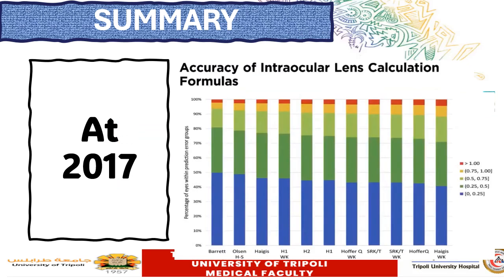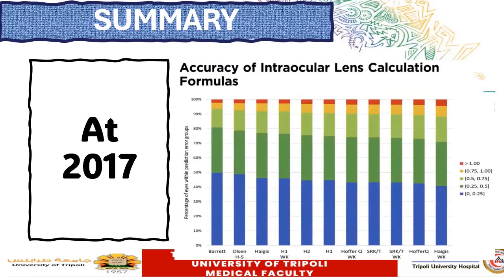As you can see, the result of the comparison of the 7 most popular IOL calculation formulas over the whole range of eye axial length dimensions shows that the Barrett Universal 2 is the most accurate one, with 50% of the patients within 0.25 diopter of sphere equivalent, up to 80% of the patients within 0.5 diopter, and up to 90% of the patients within 0.75. In second place comes the Olsen formula.